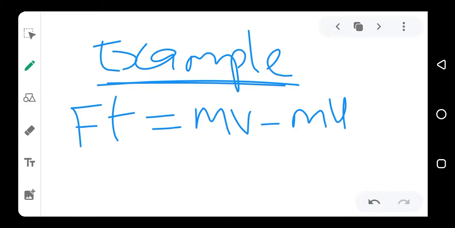F represents force. Force is a derived quantity. T represents time.